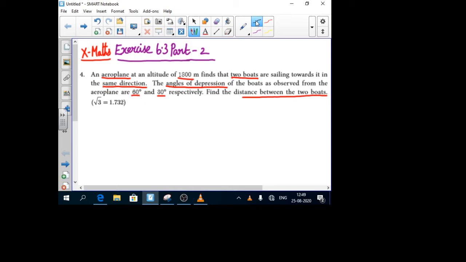So they give aeroplane. So I draw the diagram like this. Here I mark it as aeroplane. From that the person is seeing two boats. So this is first boat, second boat. For denoting the boats I write it as dot.